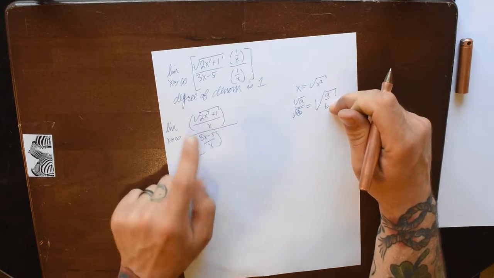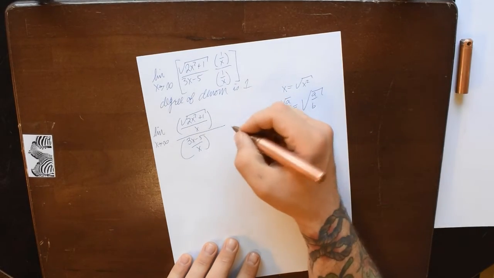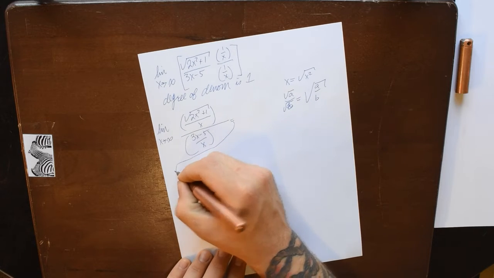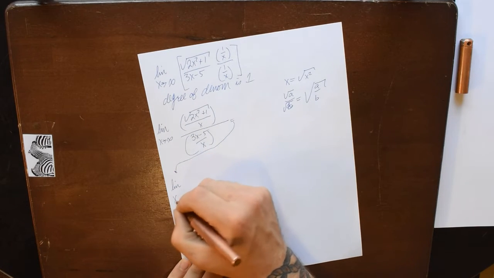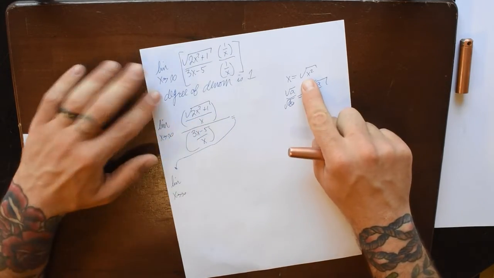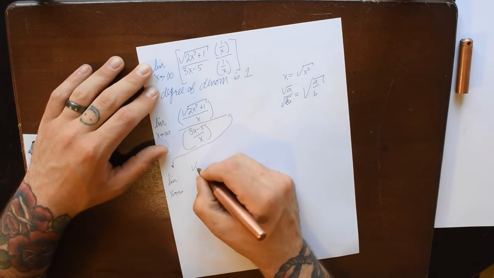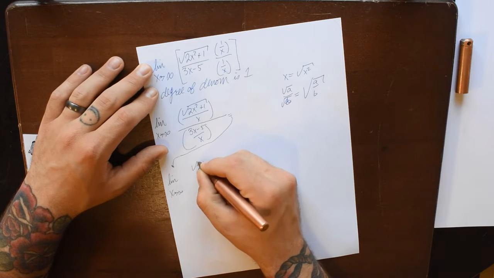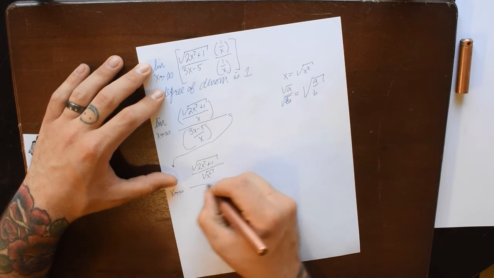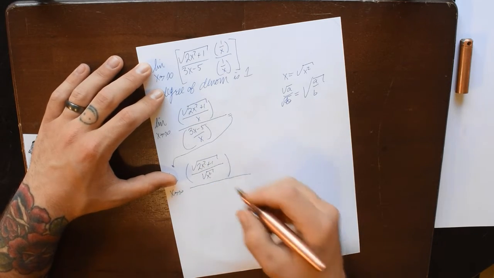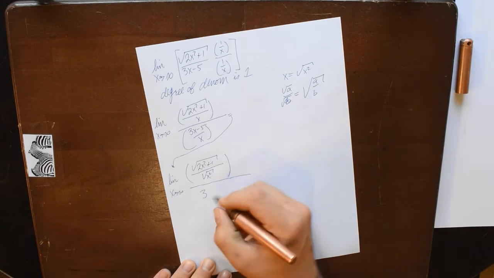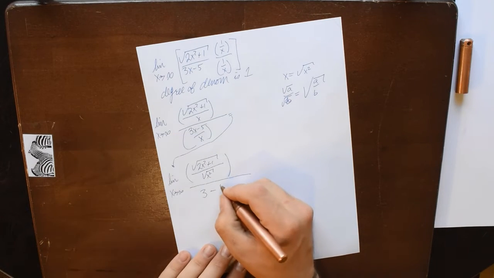We'll use both of these to rewrite this as the limit as x approaches infinity. We replace this x with the square root of x squared: square root of 2x squared plus 1 divided by the square root of x squared, all divided by, and you need these parentheses, and we'll do the same thing as before. 3x divided by x gives us 3, and then minus 5 divided by x.